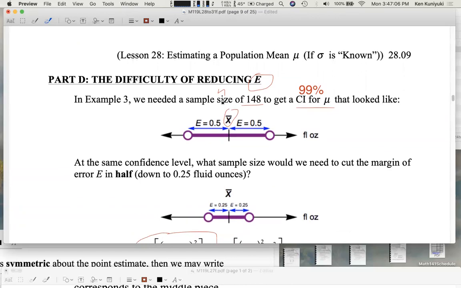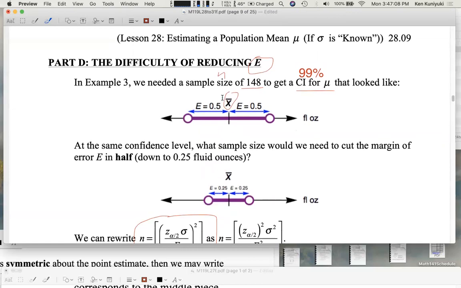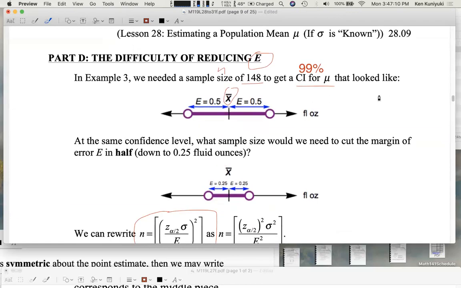Now, what if your CEO for this ice cream company, it could be Ben, maybe, it could be Jerry, or someone else, says, hey, for this study, I'd like to have a smaller, more precise confidence interval. Why don't you cut the margin of error in half?